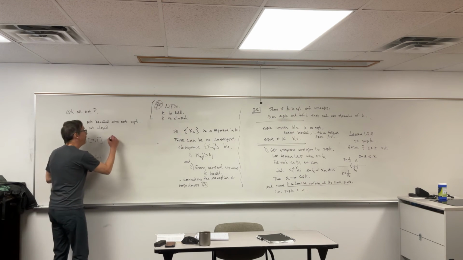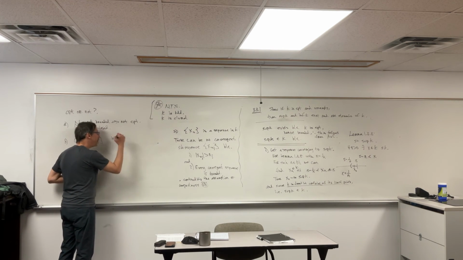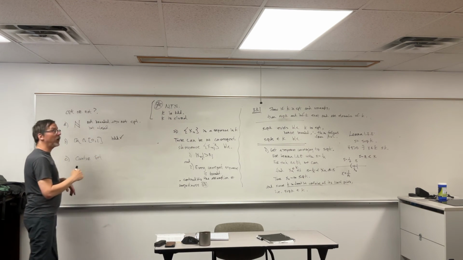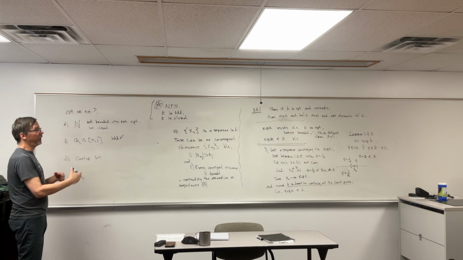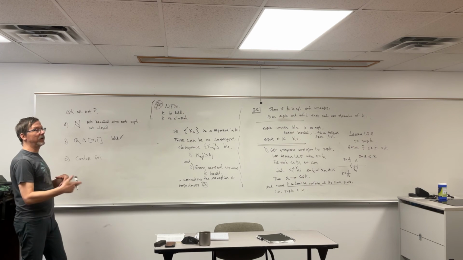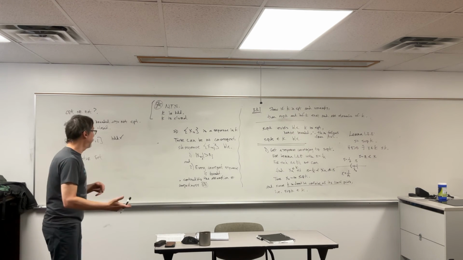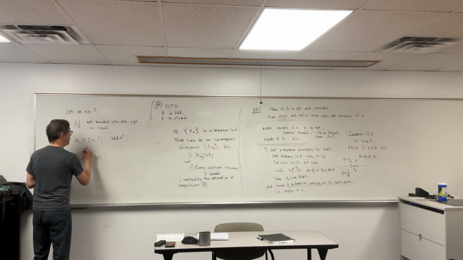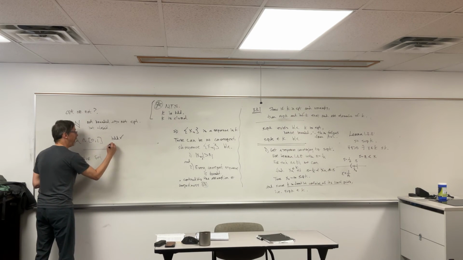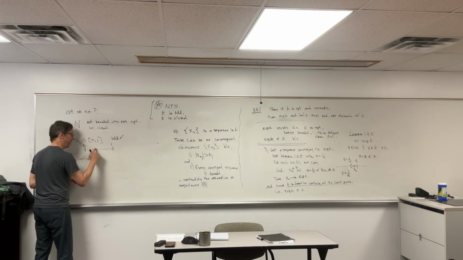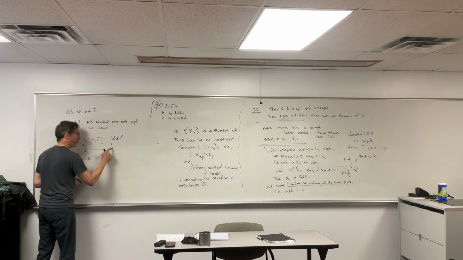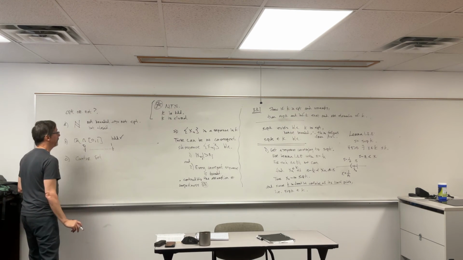So this is bounded. Check. Closed: is there a sequence in there that doesn't converge in there? You find a sequence of points in this crazy fuzzy construction that doesn't converge in there.